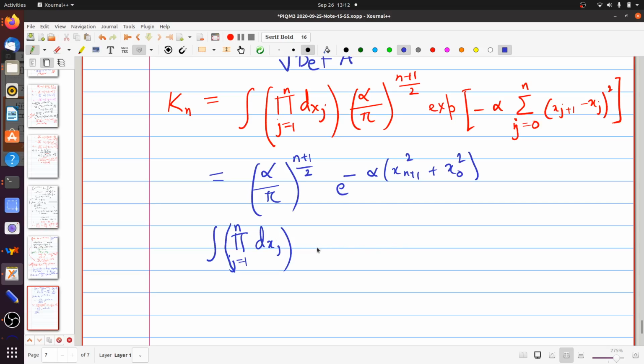And then we have to note that we have terms which are linear in integration variables. Which terms are those? These are these terms, twice alpha x1 times x0. Notice that although x0 is here, it's not an integration variable.